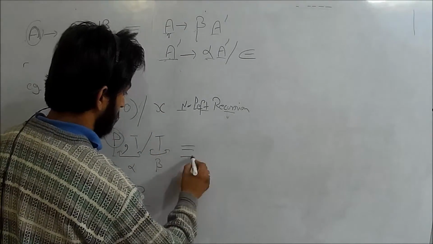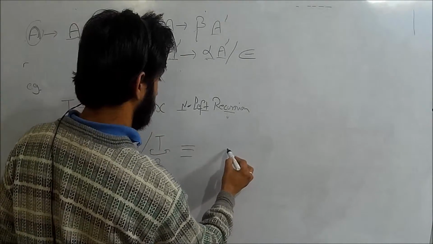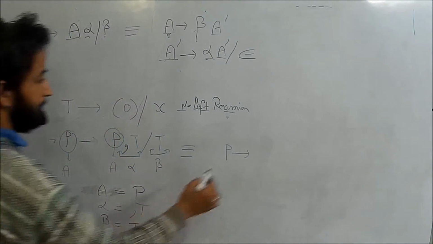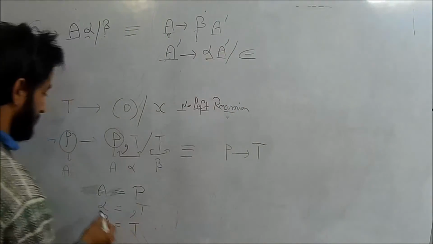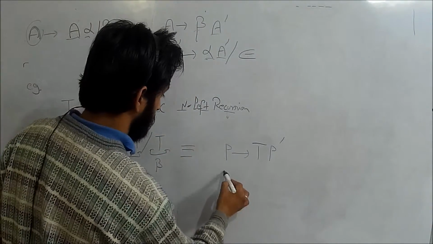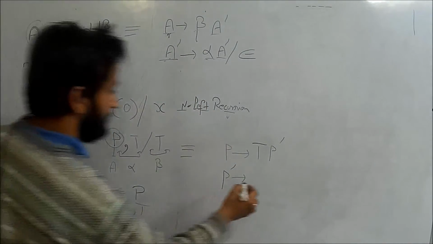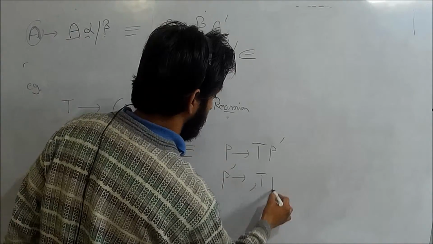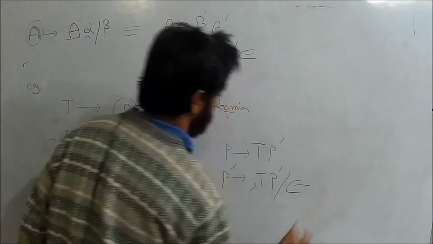This grammar becomes equivalent to this: here A is P, so we write P, beta is T, and now A dash means P dash, and P dash will be equivalent to alpha, which is this and this, and here A dash means P dash and epsilon.